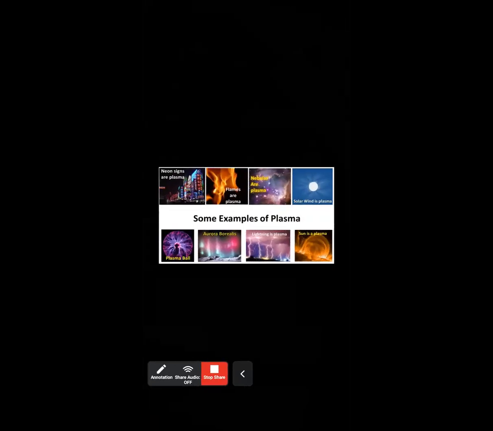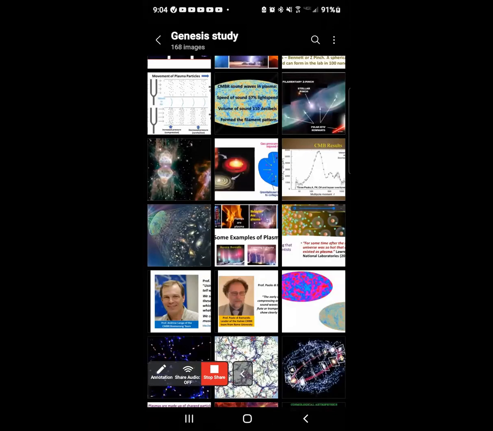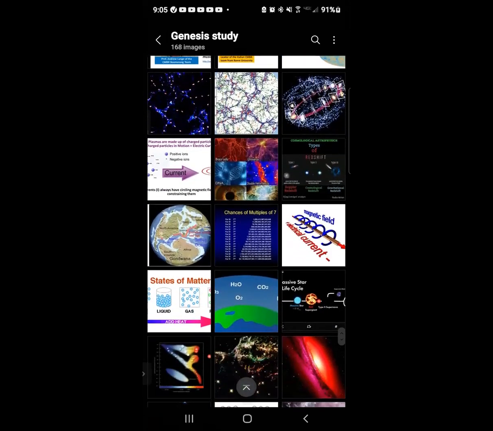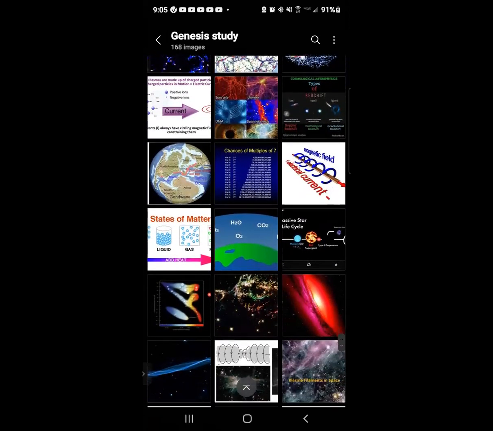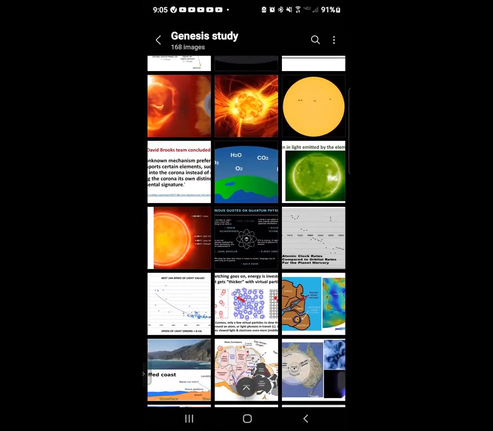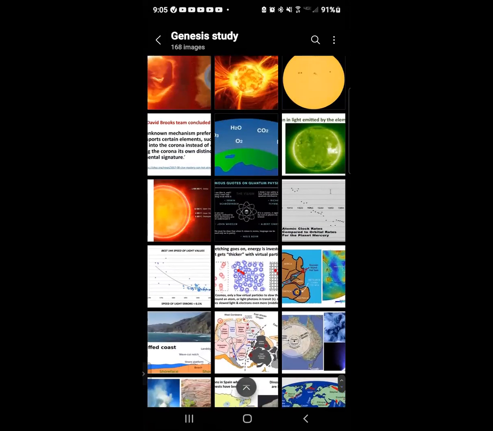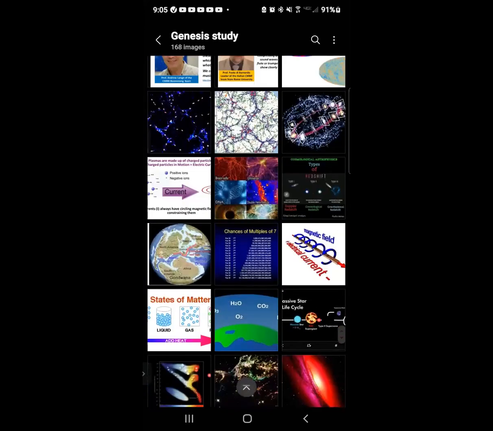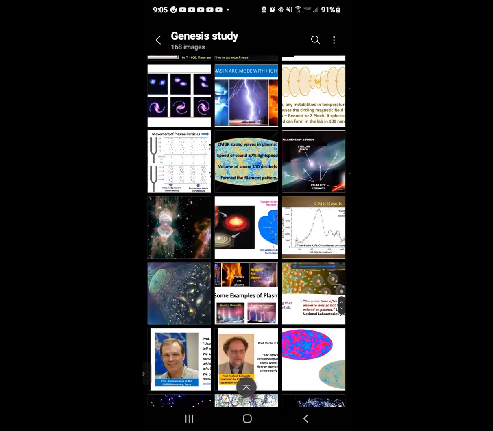Now, plasma has specific different types of modes, right? So you have arc mode, you have glow mode, and these are just different ways that plasma behaves. So when plasma is super electromagnetically charged, it will arc between places. A welder is a prime example of arcing type plasma.